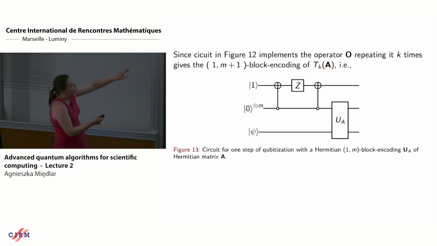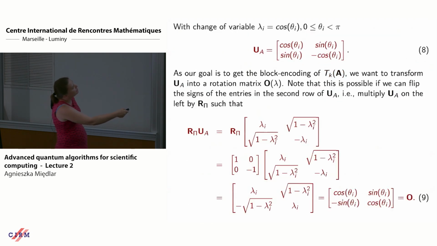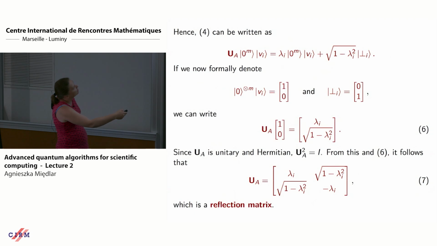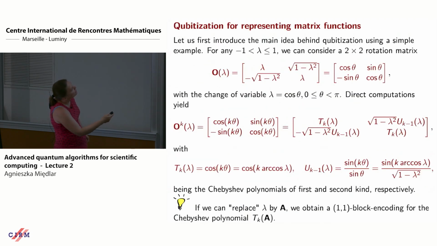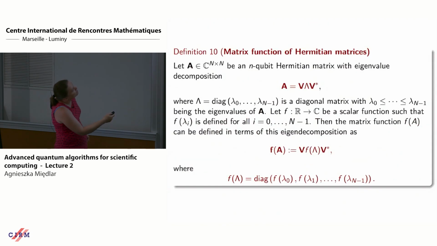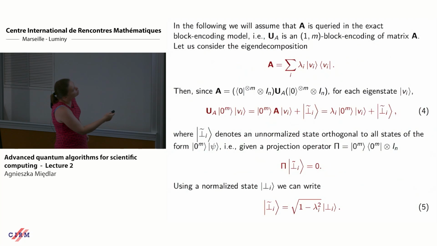But here the idea is, just to go back, sorry, here the initial assumption is that you have access to the block encoding. The other part will be how to incorporate the block encoding procedure into this, and we will talk about that later. If that's not clear later, just ask me after.